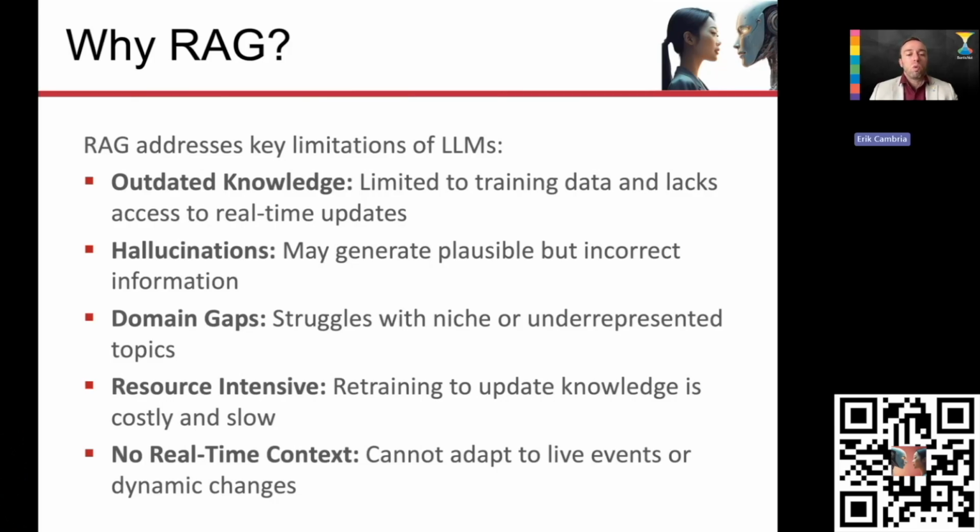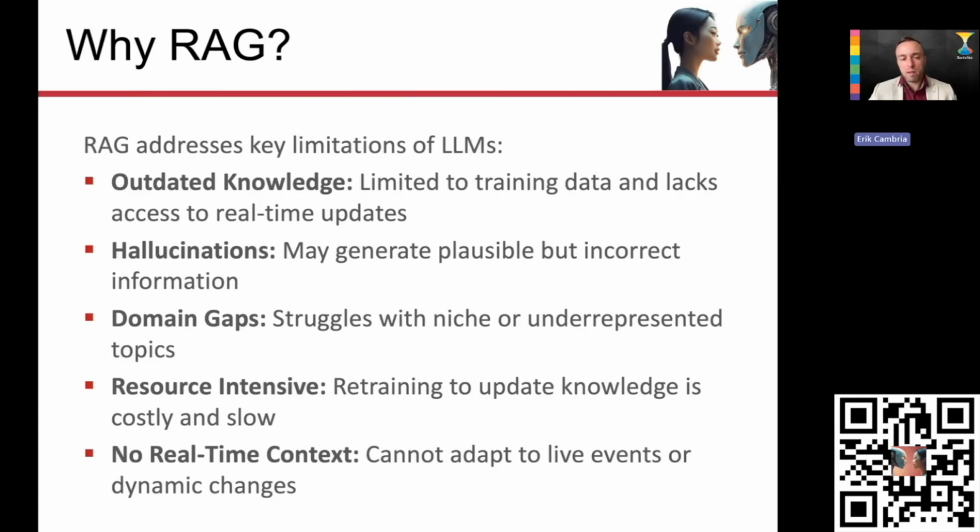So that's when RAG comes into play. It's really to address mainly this limitation that we don't have the luxury to retrain a large language model daily or even weekly or even monthly.